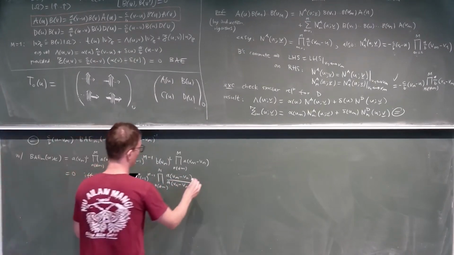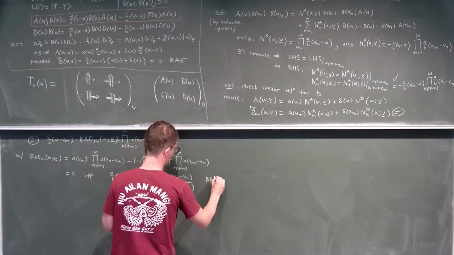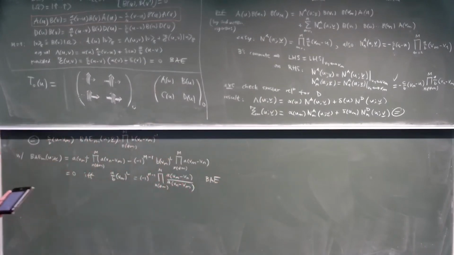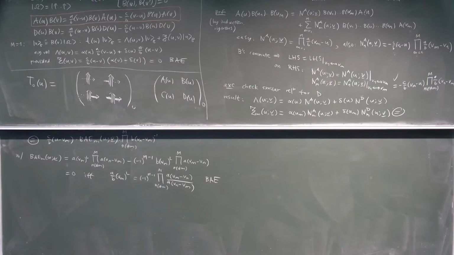And these are the Bethe ansatz equations. So now that we know what we want to prove, you use induction to really prove everything rigorously, and then we are done with this proof.